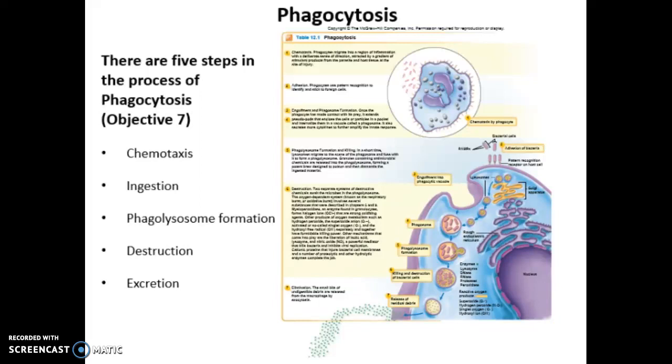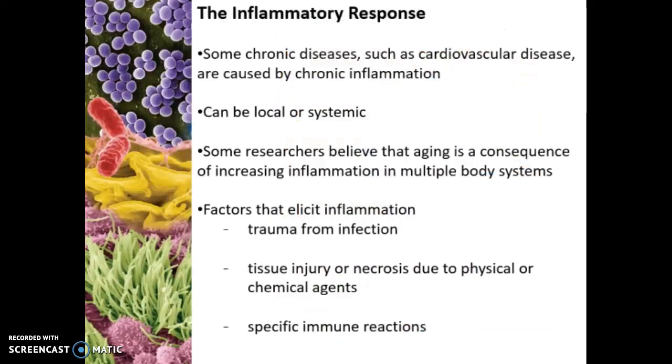Depending on how you look at it, it's best to understand this 7-step process so you know you're not leaving anything out. But that is phagocytosis. That is where we're going to stop for this section, and we'll start part 2 with the inflammatory response.